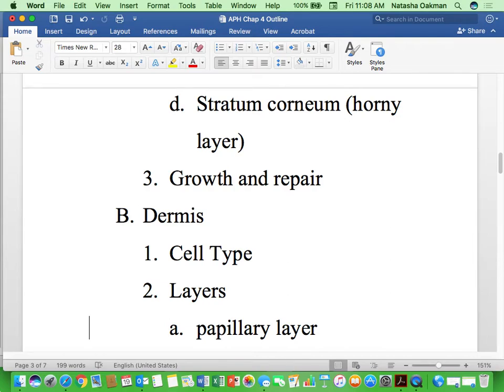So those little indents, some of them contain blood vessels that supply nutrients to your epidermis. Some of them have pain receptors and touch receptors.